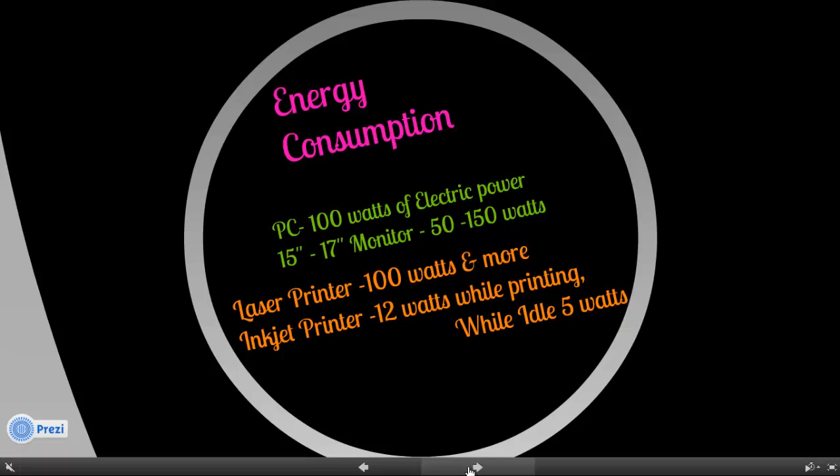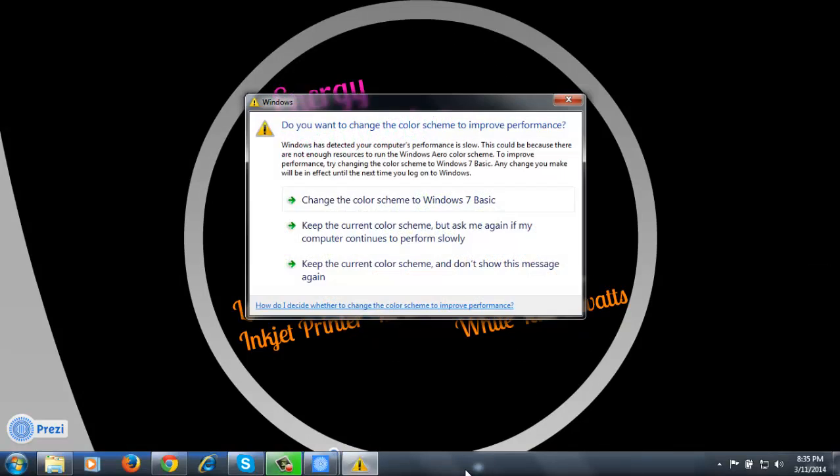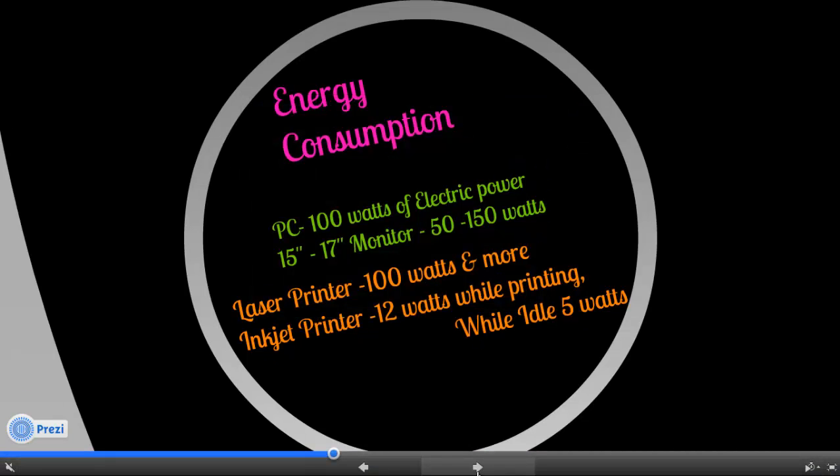An inkjet printer consumes 12 watts while printing, and while idle it consumes 5 watts. See, even in idle condition it consumes 5 watts of power. Without using it also, the power is wasted.